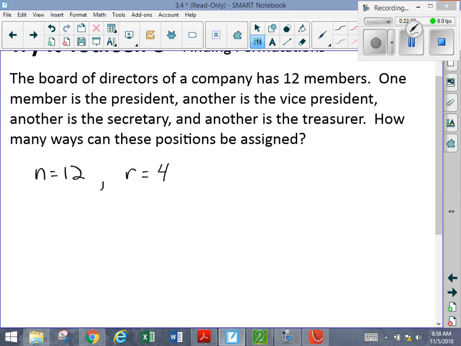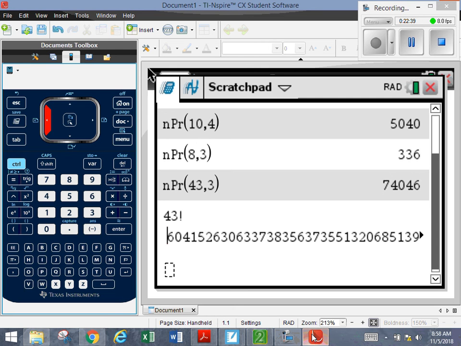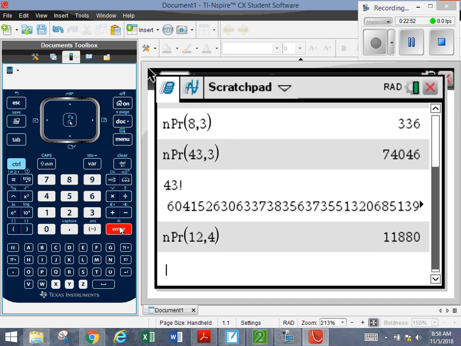So again, we're going to go 12 P 4. Calculator. We get 11,880.